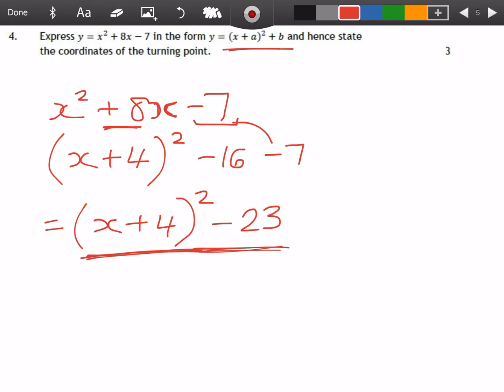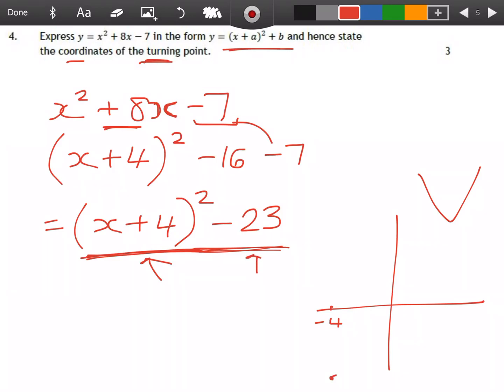We're not quite finished because it also said find the coordinates of the turning point. If we were to make a wee sketch of this, it's not asking for it, but if we were to draw a graph of this, it's going to be one of these graphs. This here indicates negative 4, and this here indicates negative 23.